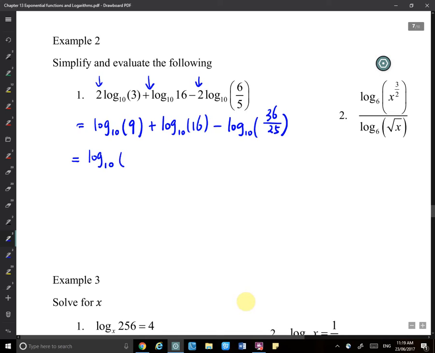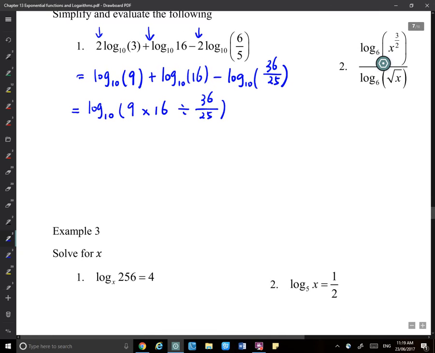And log 10, okay, plus and minus is 9 times 16 divided by 36 over 25. Log 10, okay, 9 times 16 times 25 over 36.